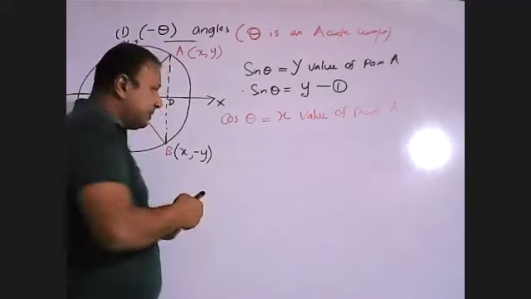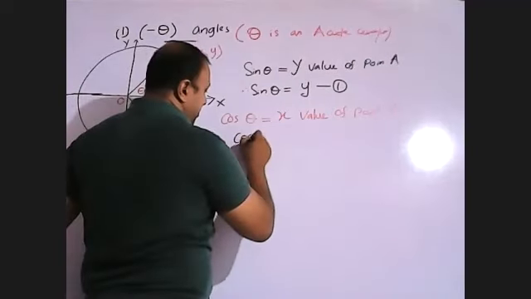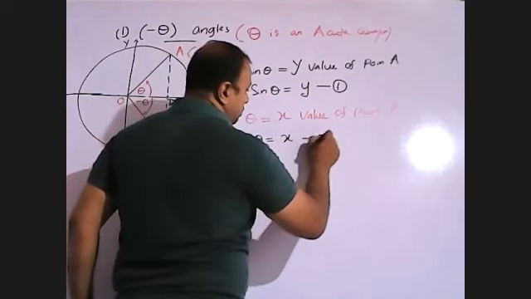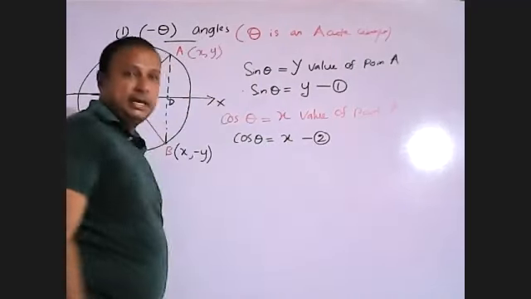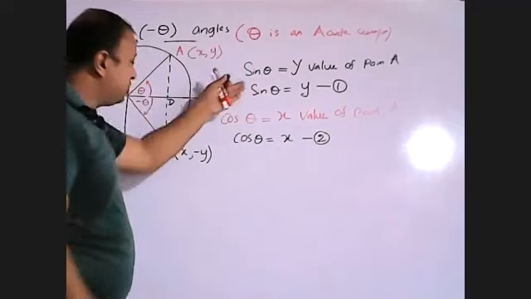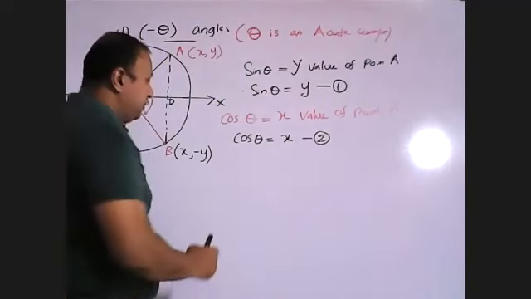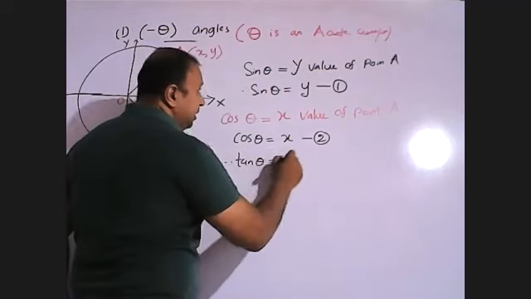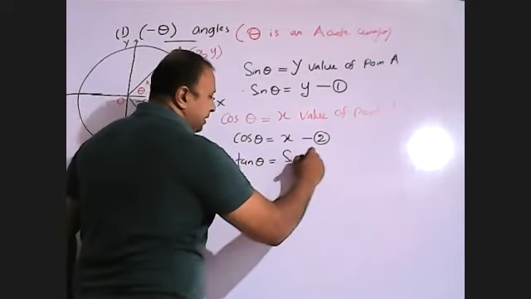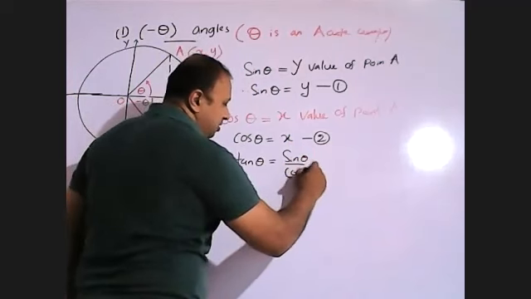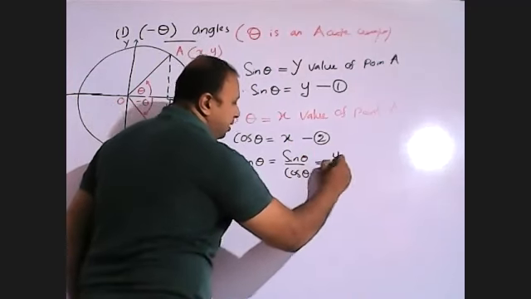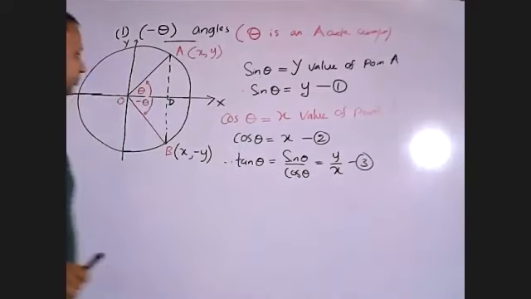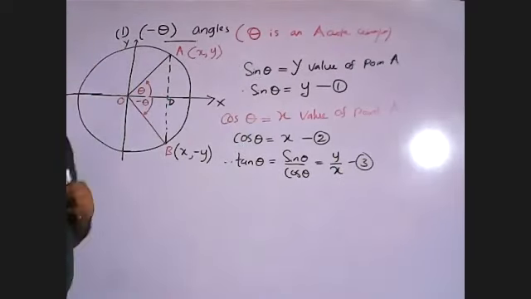It is equal to x. So cos theta is equal to x. I know tan theta. Tan theta is the ratio of these two. Therefore, tan theta is equal to sin theta over cos theta, that means y over x. Okay.